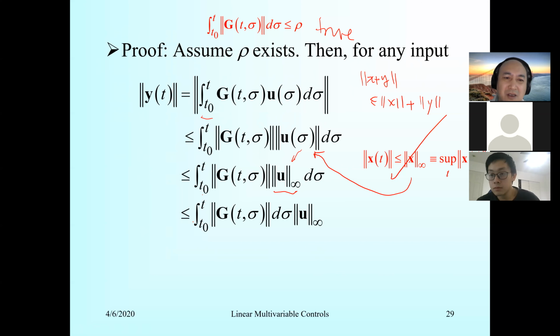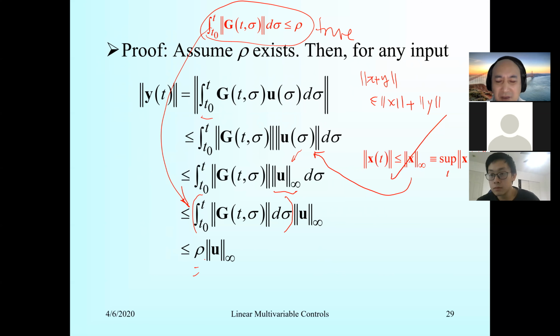Remember, the whole integration is assumed here, so that is the rho. By definition, this is then BIBO already.